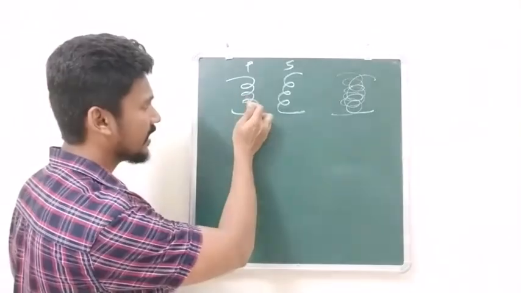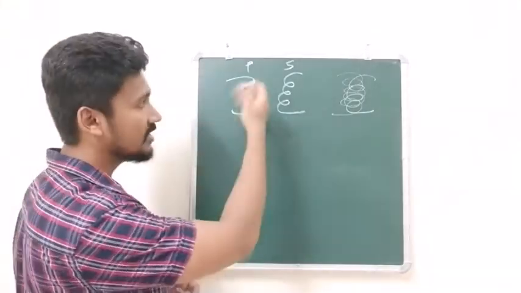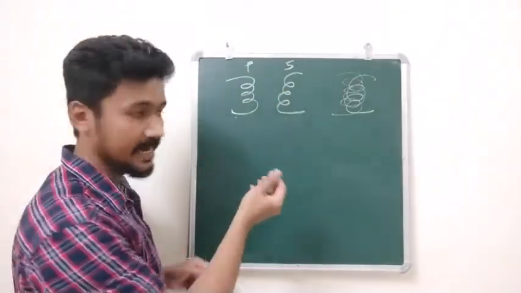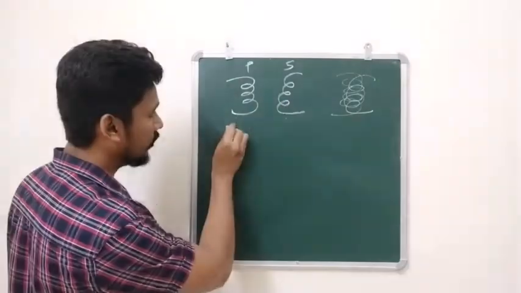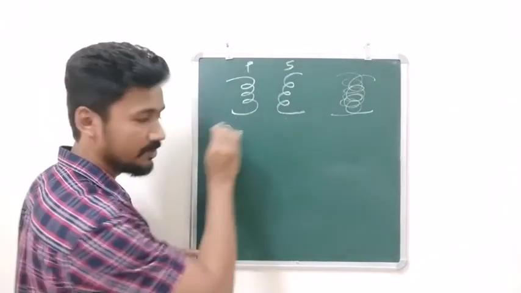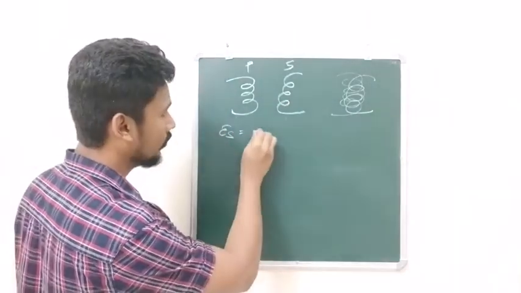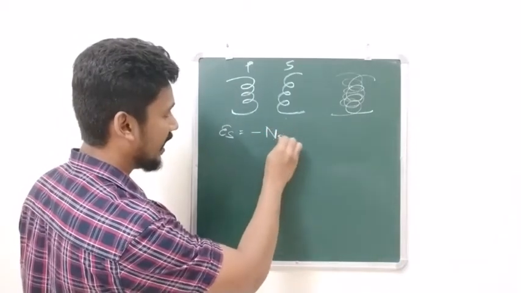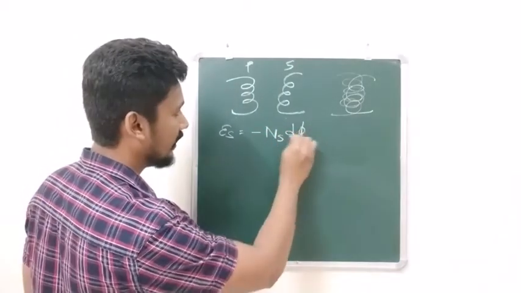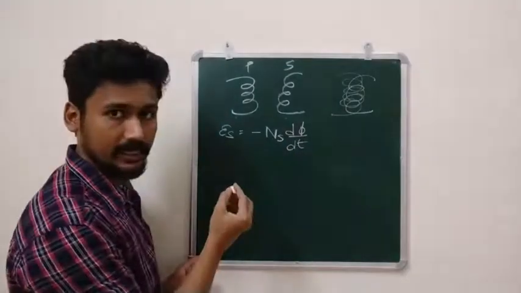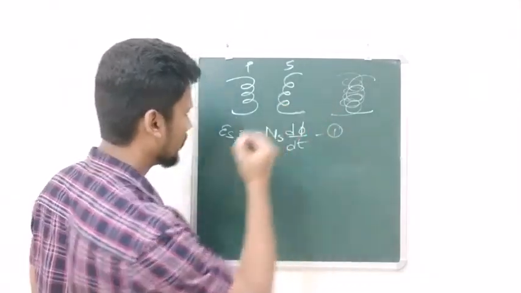So some alternating current is passing in the primary, due to which there is induced EMF in the secondary. In the secondary, the induced EMF ES will be given by ES equal to minus NS d phi by dt. Correct? Let us call this the first equation.